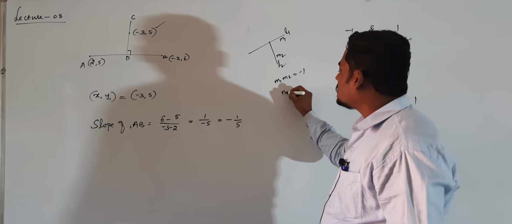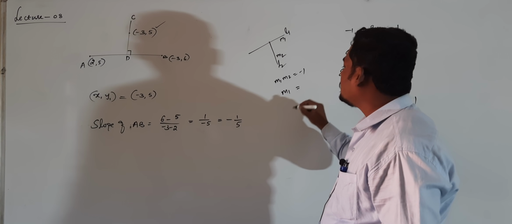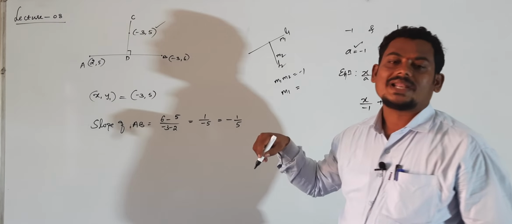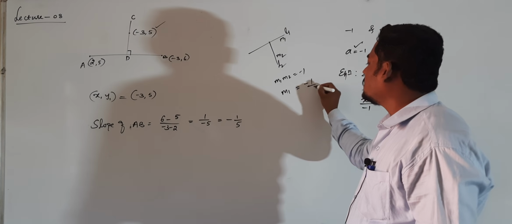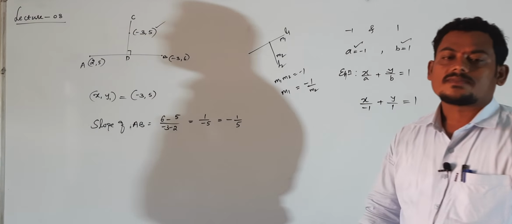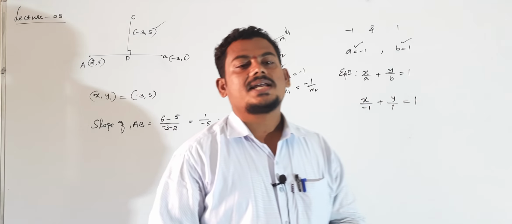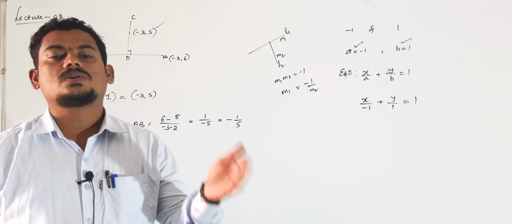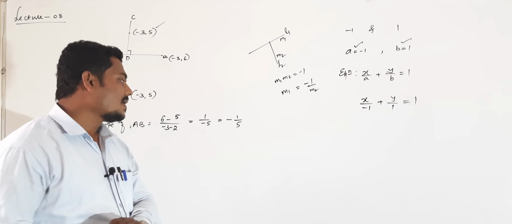In that, one of the slopes is known. Slope of line 1 is equal to negative reciprocal of slope of line 2. If two lines are perpendicular, then slope of one line is equal to negative reciprocal of slope of the other line.